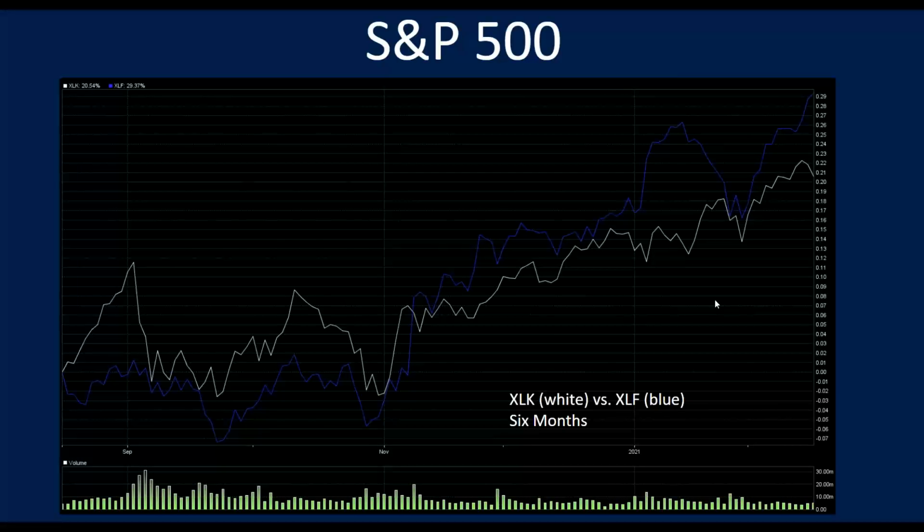All right, but what has started to happen is financials have started to spread out a little bit and pick up some pace against, again, the XLK is still the white here. The blue this time is the financials. So I'm not going to get into bond yields with everybody, but bond yields have been rising a little bit.